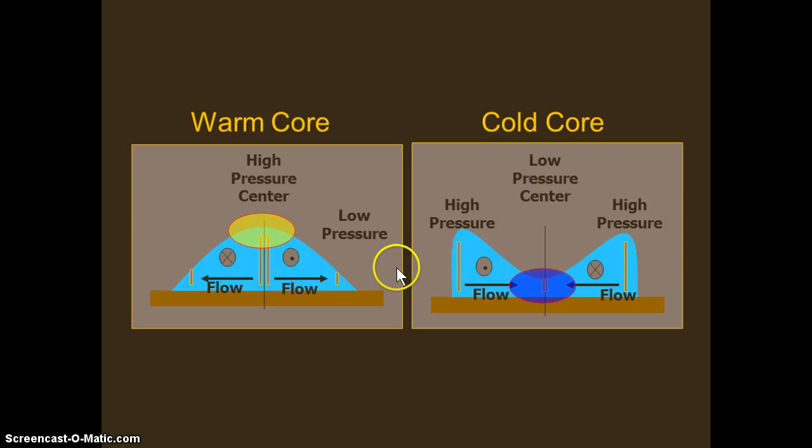But let's take our cross section and then dissect the effect on our pressure systems, right? If we have those high pressure centers that pinch off with warm water trapped in the middle, they're moving clockwise, but they trap that warm water in the center, and so we call them warm core rings.